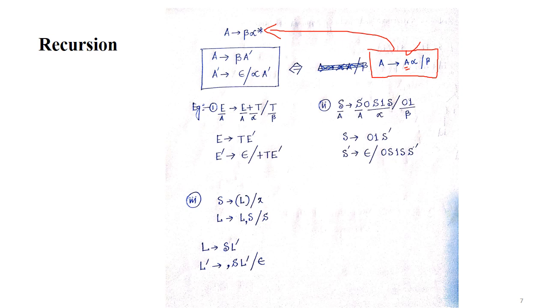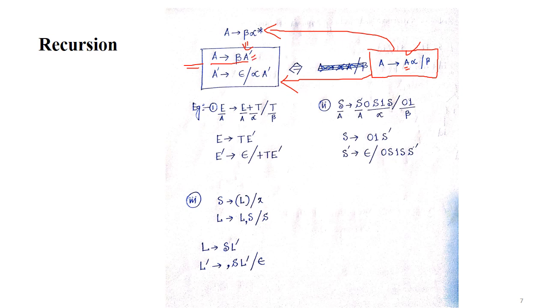So if I replace this grammar with this, then I can say the left recursion is finished from the modified grammar. How? I write A equal to beta A dash, but we are following the output of the grammar, please remember. In place of beta I can put beta, but in place of alpha star I have A dash.